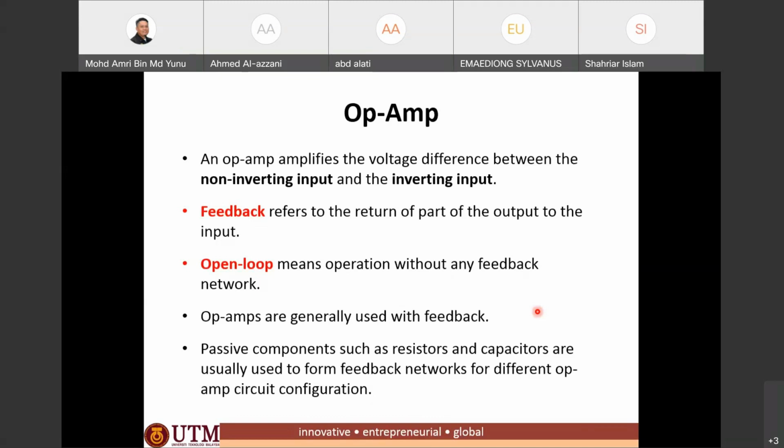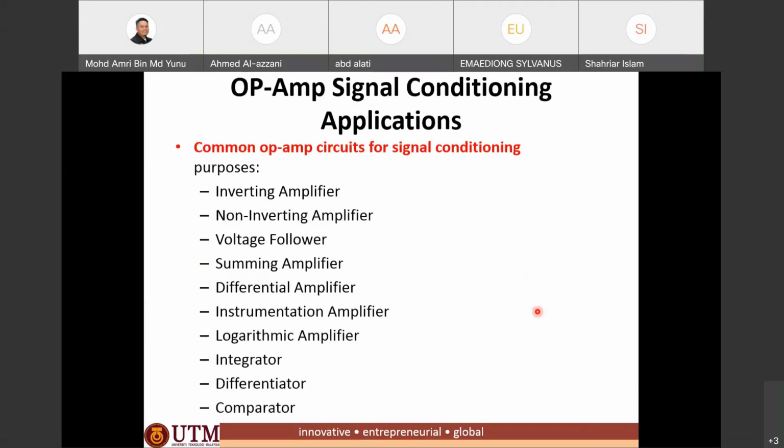Sometimes we also use inductors. We will look into this. We will focus on a few, and the rest is just for information. These are the common signal conditioning circuits in instrumentation: inverting amplifier, non-inverting amplifier, voltage follower, and so on.